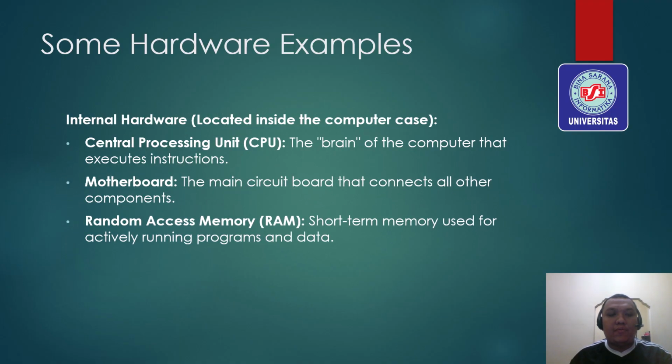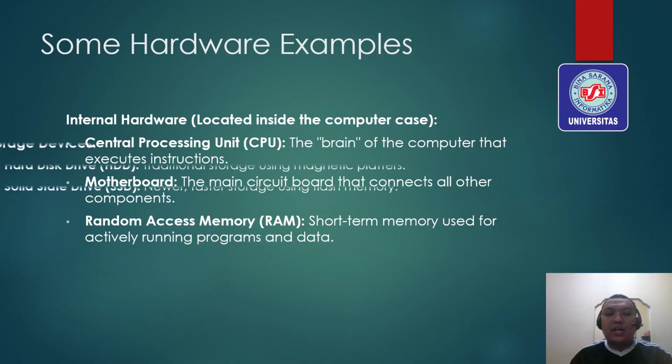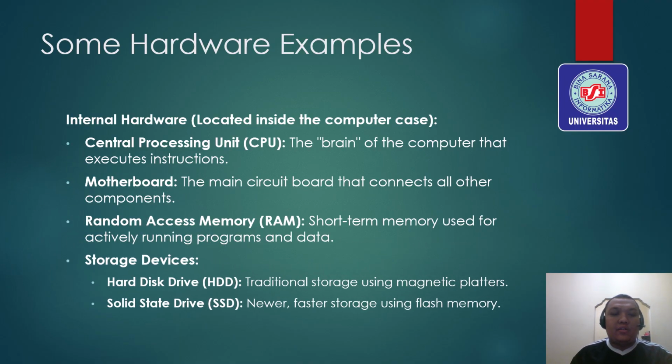Third is random access memory or RAM, short term memory used for active programming data. Then storage devices, of which there are two types: HDD or hard disk drive, and SSD or solid state drive.